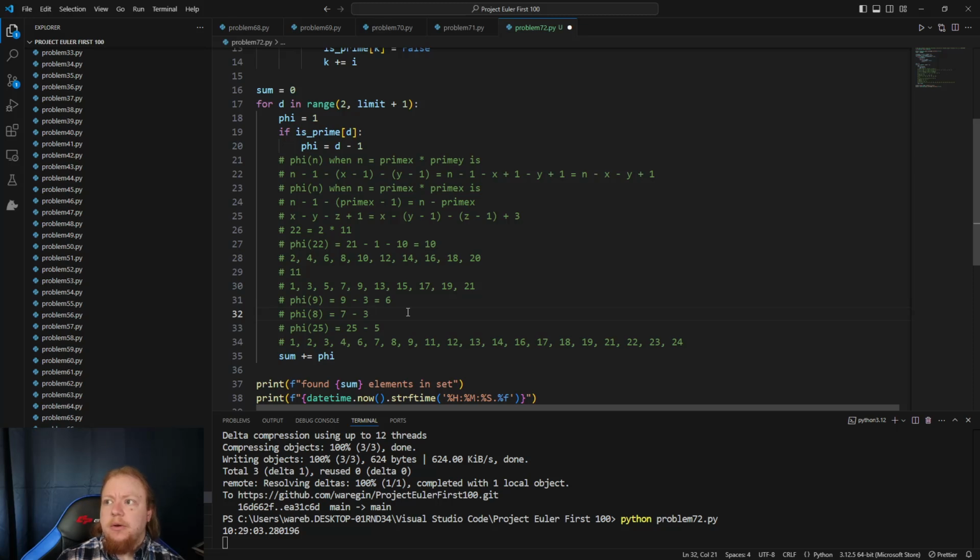And there it has to do with the fact that it's 8 minus every multiple of it. It's 7 minus the 3 multiples of 2 that are below 8. 2, 4, 6.